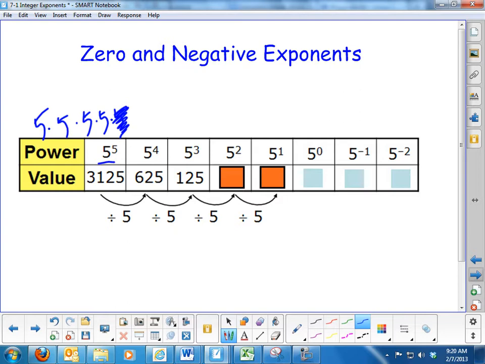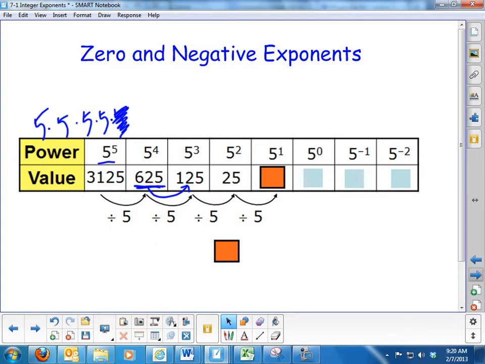To get 5 to the 3rd power, I'm cutting out one less 5. So I get 5 times 5 times 5, or you take this answer and divide by 5 and get 125. 5 to the 2nd power, you're dividing out one more 5. Take 125, divide by 5, and we get 25. 5 to the 1st power, again, divide your previous answer, 25, by 5. 25 divided by 5, we should get 5.